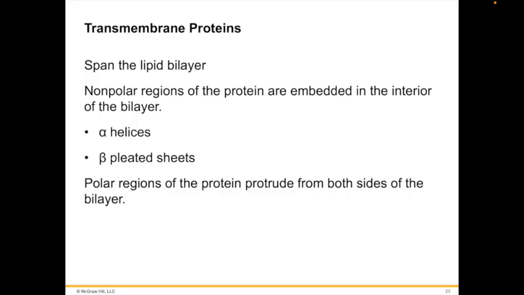So these are proteins that actually span the lipid bilayer, known as transmembrane proteins. In other words, the part of the protein that extends through the lipid bilayer and is in contact with the non-polar interior consists of alpha helices or beta-pleated sheets made of non-polar amino acids.